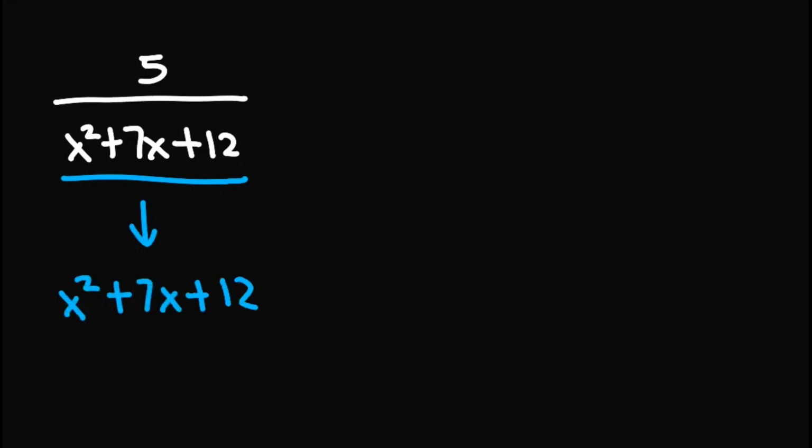To do this, we first observe the last term and check out its factors. So we have 12. It can be 12 times 1. We can have 6 times 2 or 4 times 3. And we determine which among these factors, when we add, will result in the middle term.